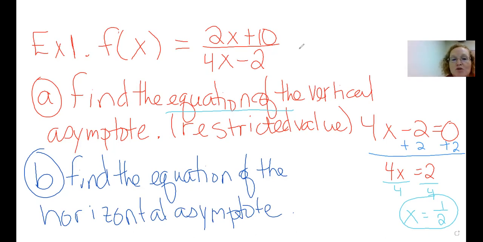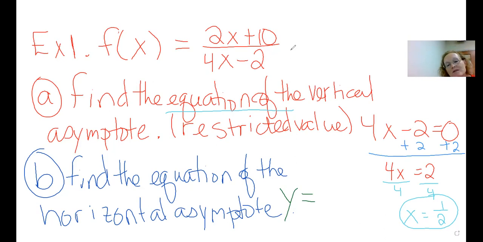So the first thing I need you to remember is a vertical line is always x equals something, and a horizontal line is always y equals something. So when I ask you to find me the equation of a horizontal asymptote, you are automatically starting with y equals. Vertical is x equals, horizontal is y equals. That will never change.